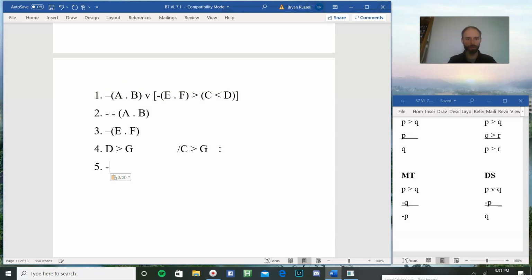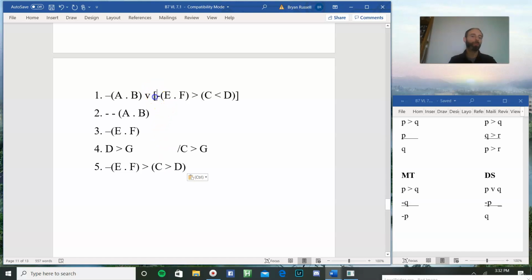So we'll get tilde open parenthesis E dot F close parenthesis horseshoe open parenthesis C horseshoe D close parenthesis.